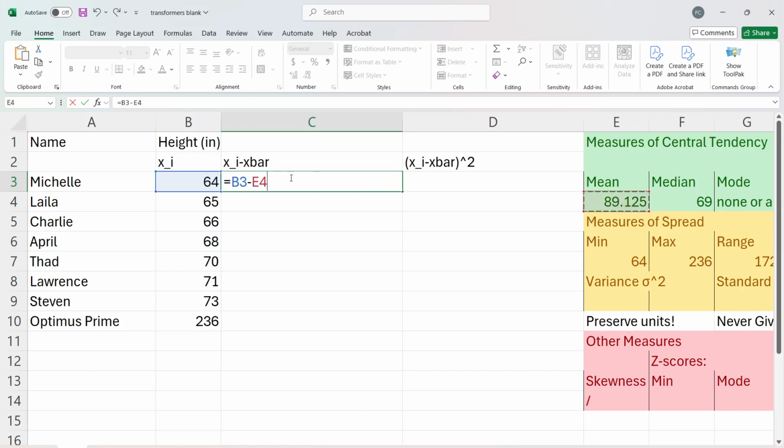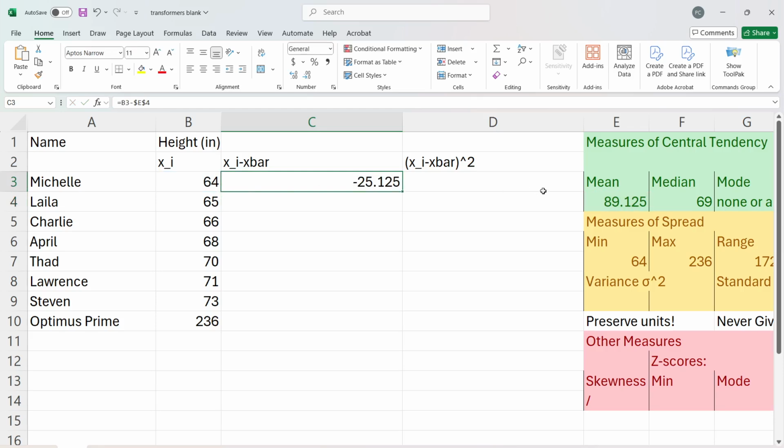I'm going to do the thing where I start typing these in and then I double click and send this all the way down to the bottom. So I'm going to go ahead and mark this E4 to tell Excel don't move that when I do the double click. Okay, B3 minus E4, which will never move.